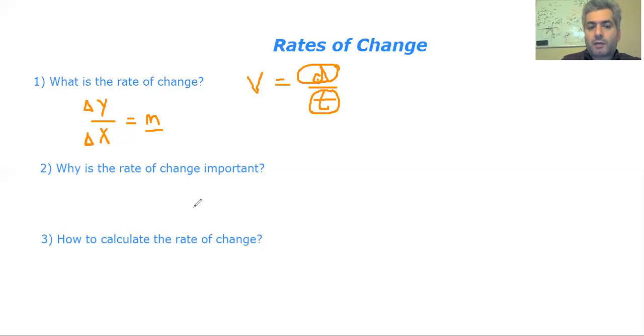Another concept where we can see rates of change is how a medication is being given to a patient. So we see rates of change, for example, in dosage calculations, how much medication is being given to a patient over a period of time.